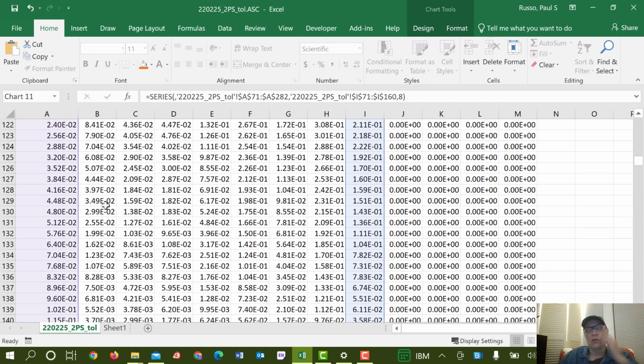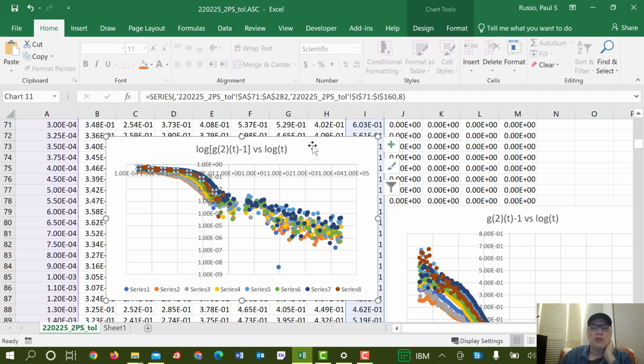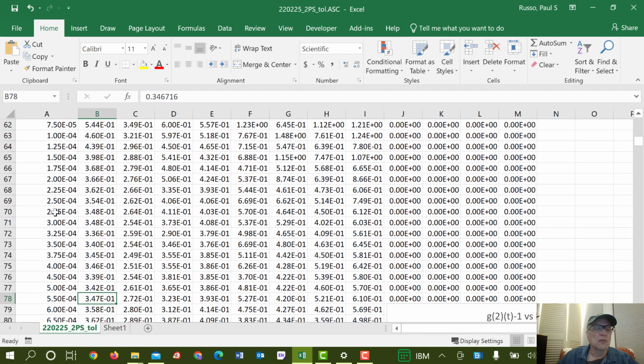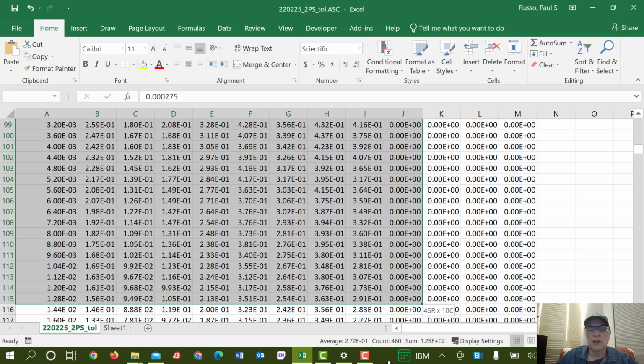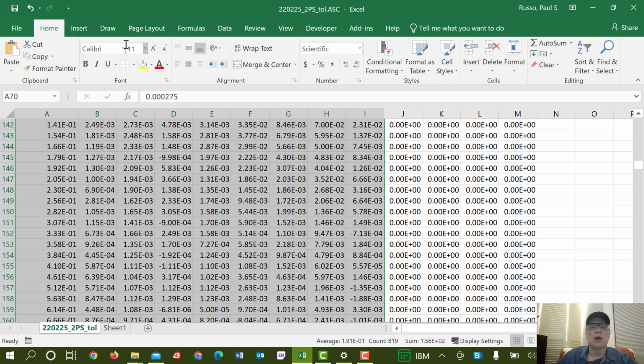Okay, row 71 to row 160. So that's actually easier just to kill this plot and get that again. Okay, so from row 70 and row 160. And just plot that again.